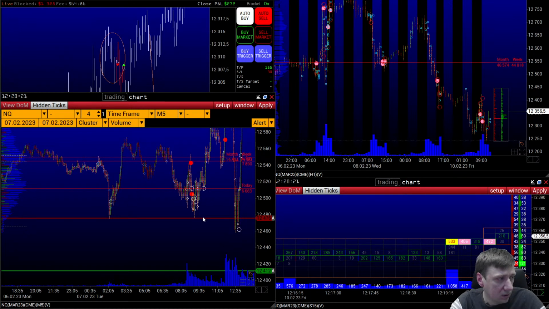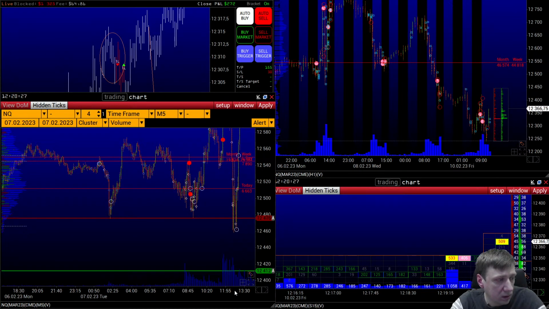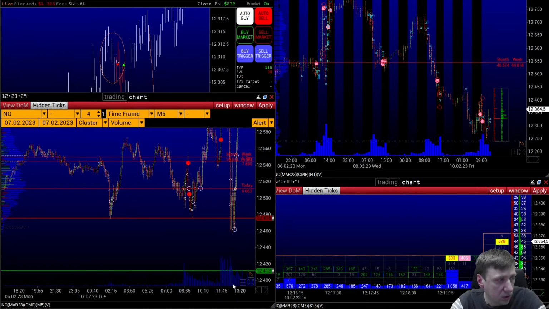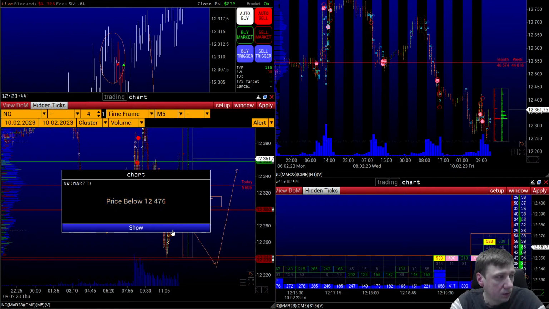Actually, in this case there was no breakthrough, but later, in a few hours, the price broke through that level. So if you know Nasdaq, usually it makes a deep retest.